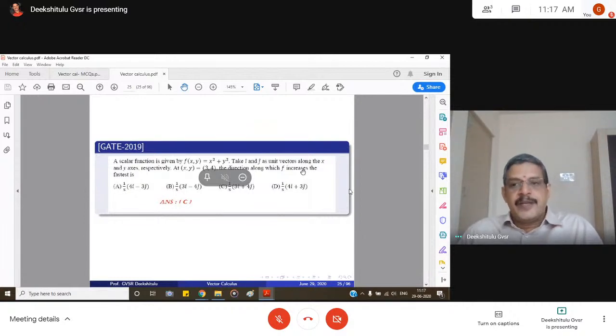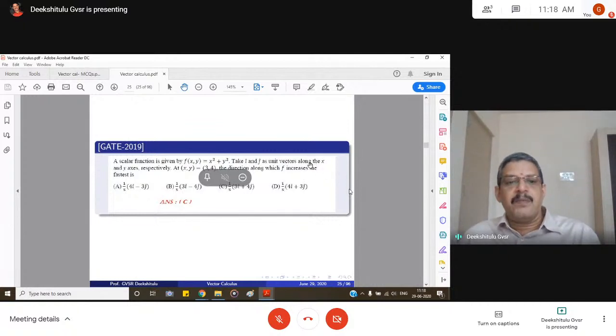Options: A along the normal, B along the tangent, C along the inward normal, D any other vector. Gradient always gives the outward normal. The answer is along the gradient vector, or along the normal to the surface. That is the direction in which f changes at the fastest rate.